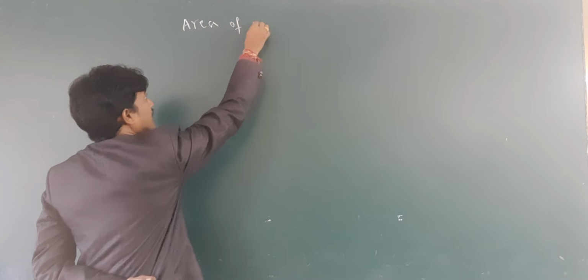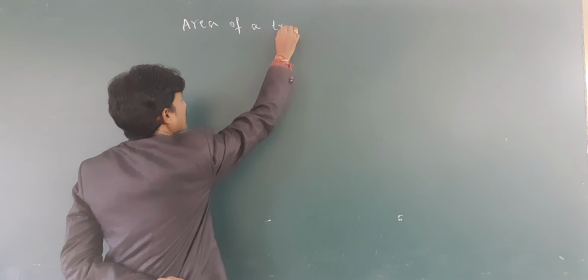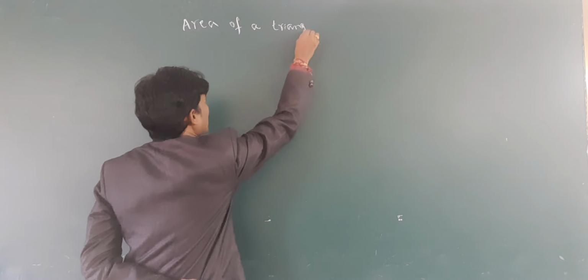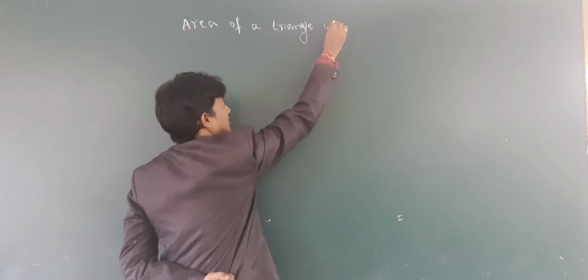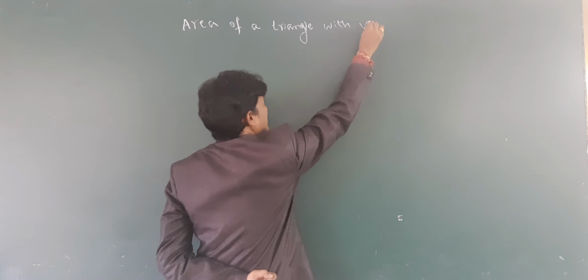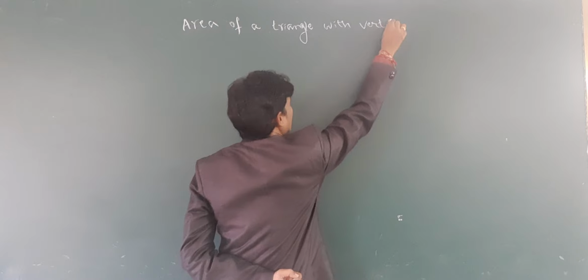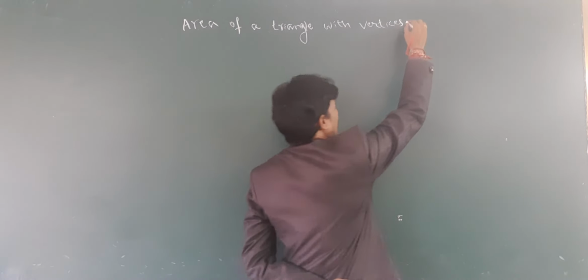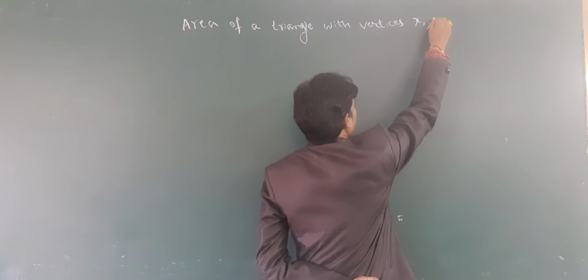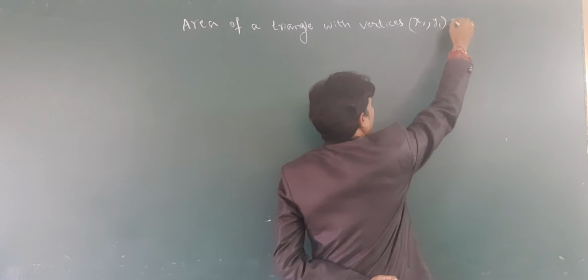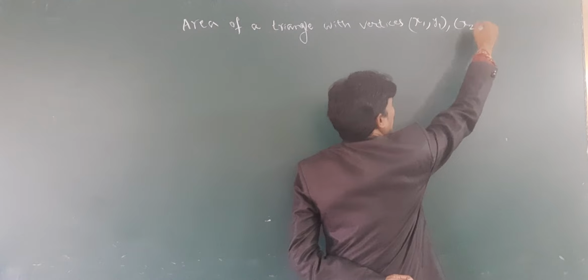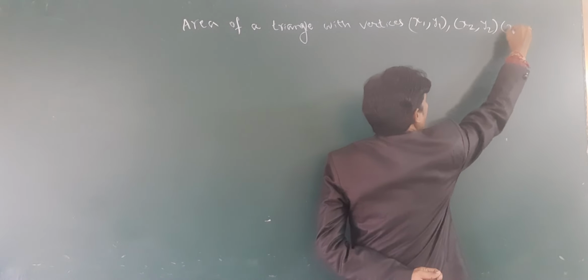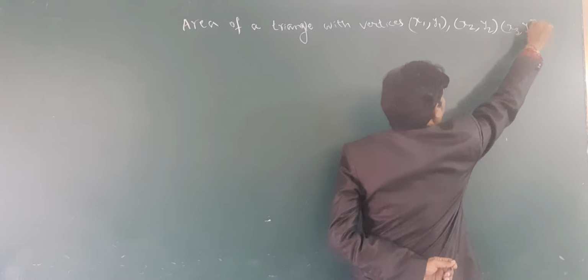Area of a triangle with vertices (x1, y1), (x2, y2) and (x3, y3).